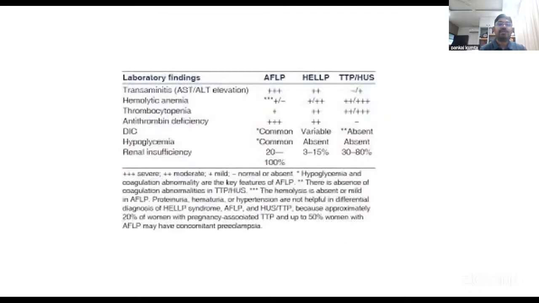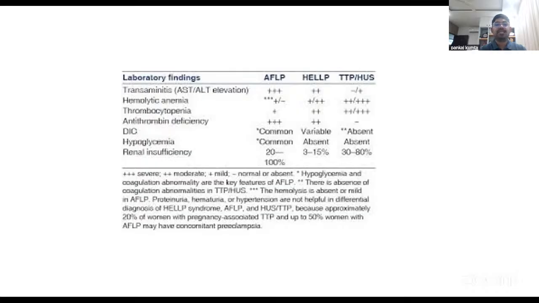Again, AFLP and HELP will have an overlap with TTP or HUS, so you need to be really careful, because any thrombotic microangiopathy will typically show thrombocytopenia, thrombosis, and hemolysis. These patients come with a similar picture.